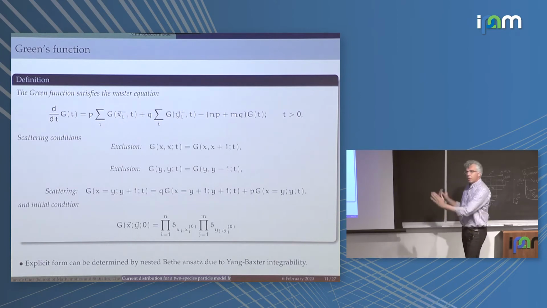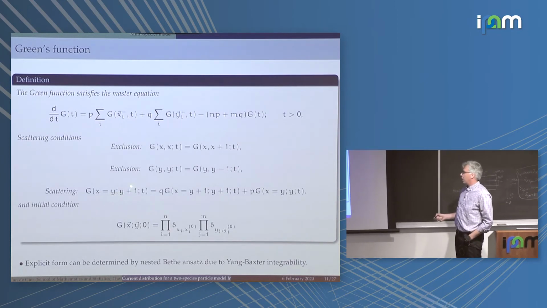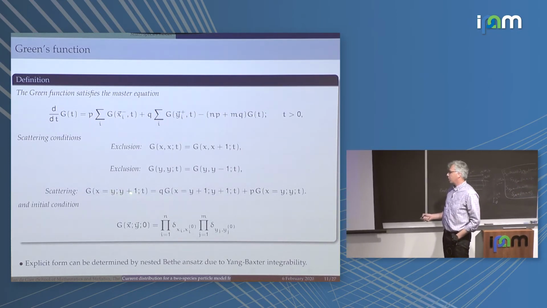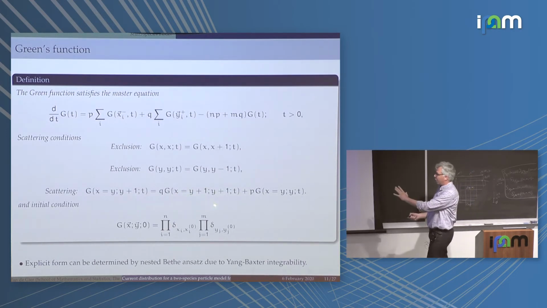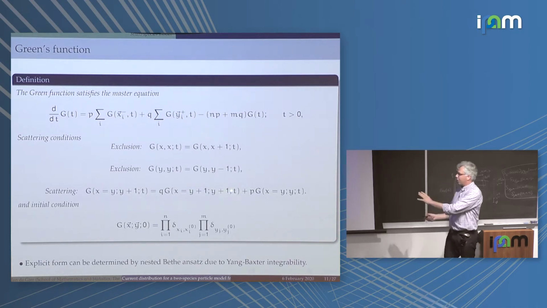And then the scattering, where the 2 particles can interchange, there is a certain condition, namely if the plus particle is at y and the minus particle is at y plus 1, then that value of the Green's function should equal q times having a plus particle at y plus 1 and a minus particle at y plus 1.